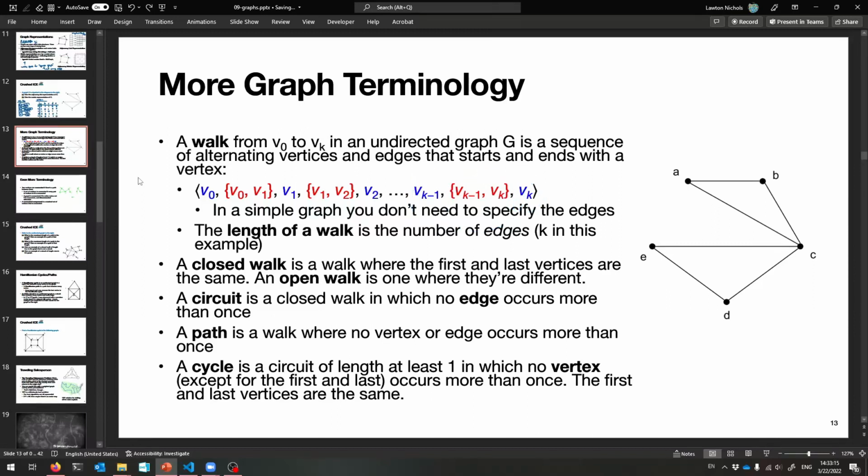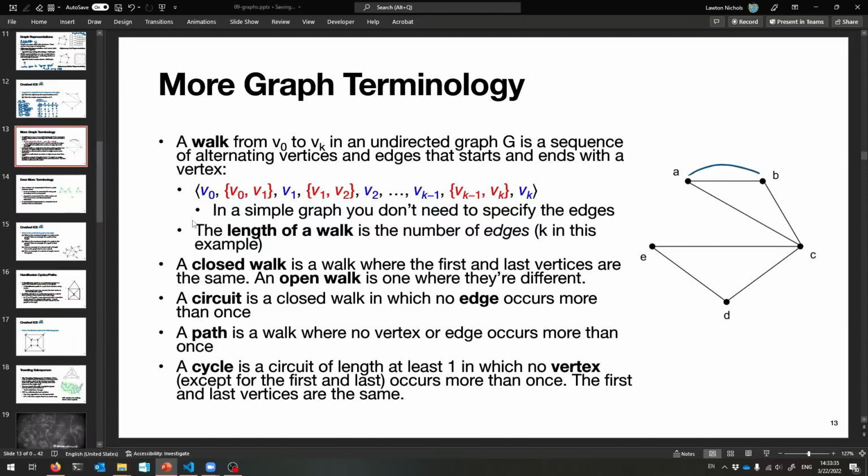Okay, in a simple graph, you don't have to say what edges you followed, right? You can skip the edges, can't you? Because there's only one way to get from A to B. There's only one edge from A to B right now. I hope that makes sense. So that's a walk, and a lot of the time we care about the length of a walk, okay?